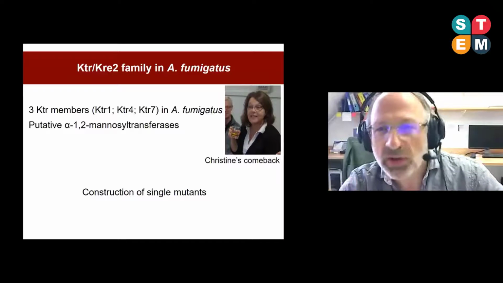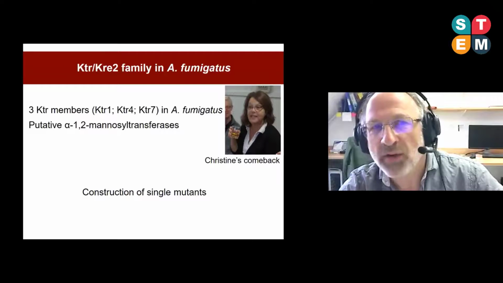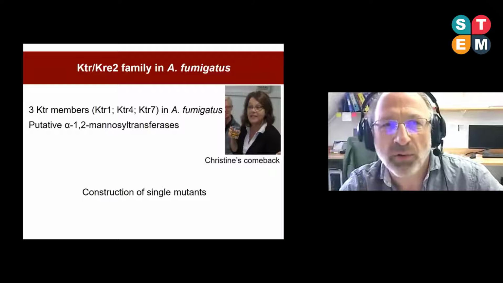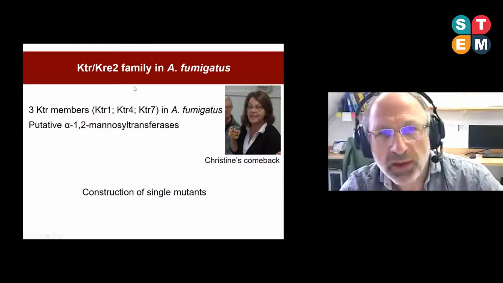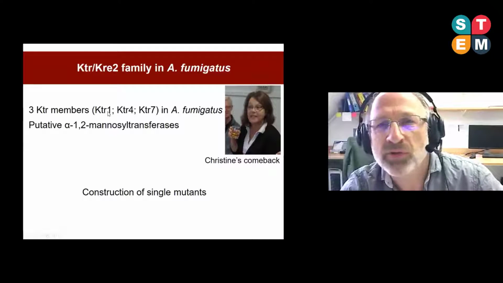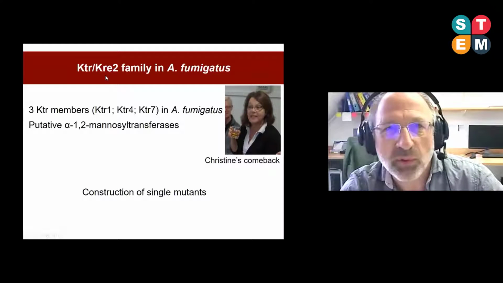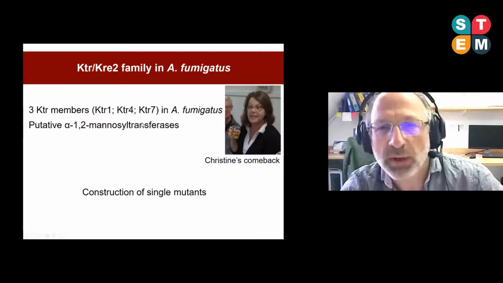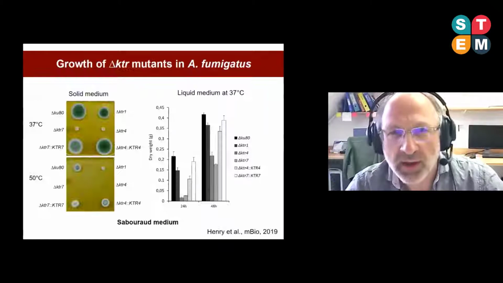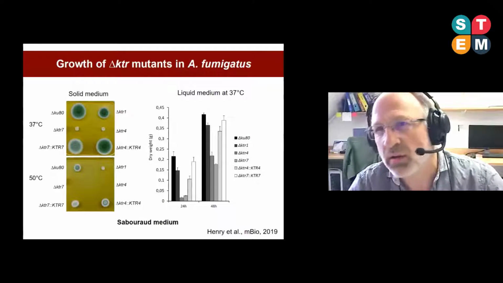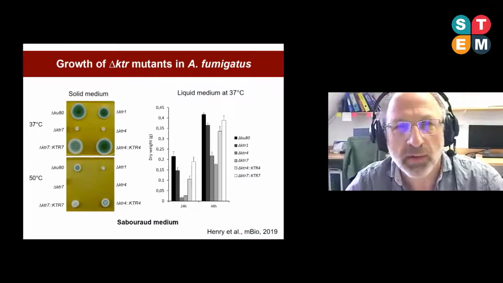And she continued with another family of alpha mannosyltransferases, and we looked at the Cre2 family, and there are 3 members in Aspergillus fumigatus of this Cre2 family, which are putative alpha-1,2 mannosyltransferases. Christine constructed single mutants, and finally we got a strong phenotype.